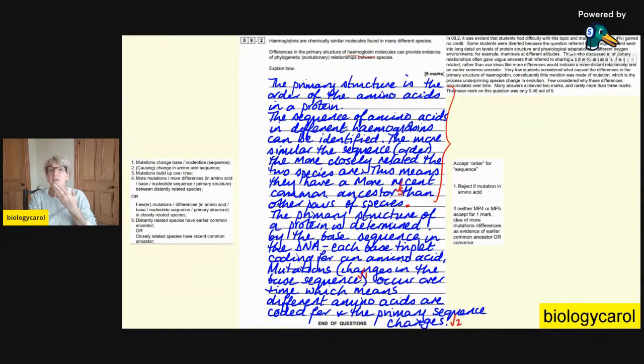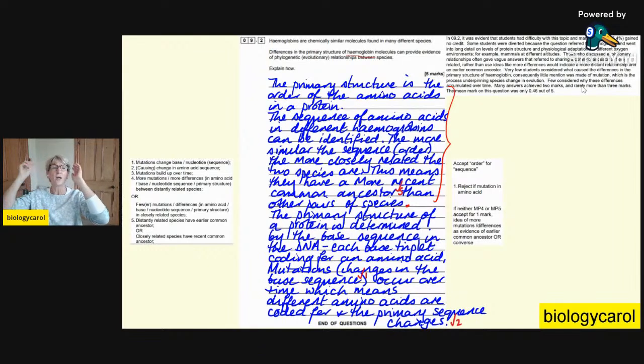Very few students considered what caused the differences in the primary structure of the hemoglobin. Consequently, little mention was made of mutation. I'm going to suggest that there are 2 very different ways of reading this question.